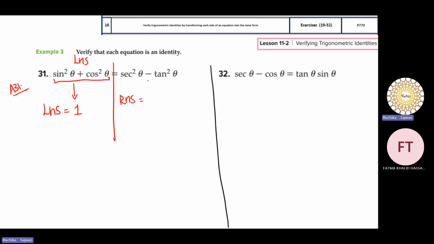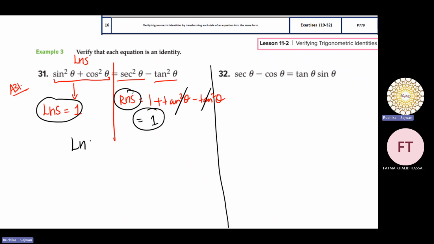Again, on the right side, I can use Pythagorean. I can replace secant square with its tan value. So how much is secant square? 1 plus tan square. And there's already a tan square theta. So very easy. Tan square will cancel and you're left with 1. So both sides, left side and right side, are equal to 1. So when left and right side are equal, we have verified.